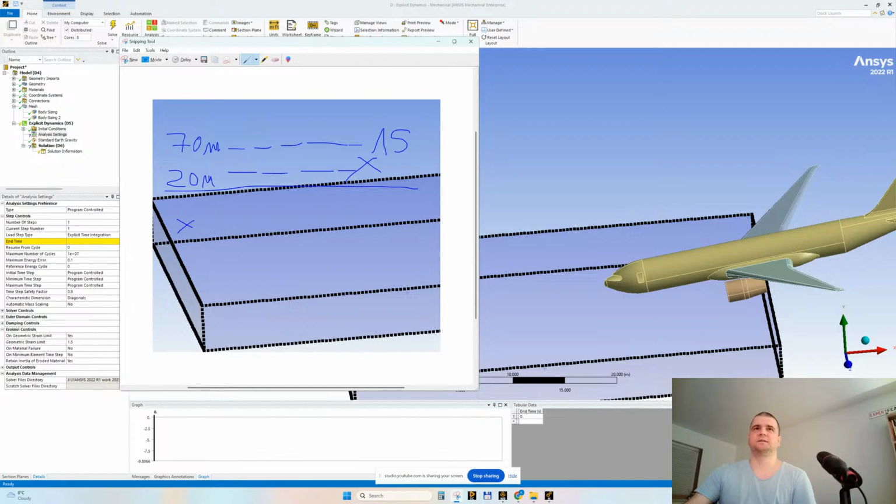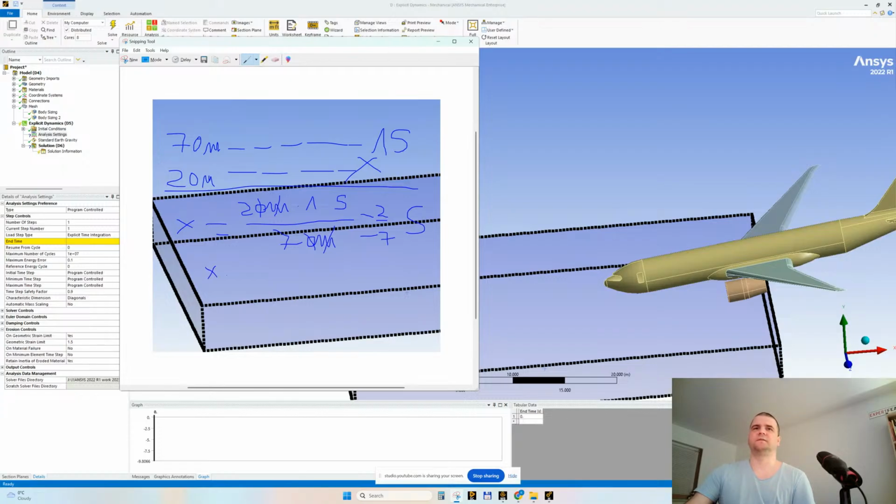So x equals 20 meters multiplied with 1 second over 70 meters. I can simplify this 0 with this 0. And we have, in the end, 2/7 seconds.